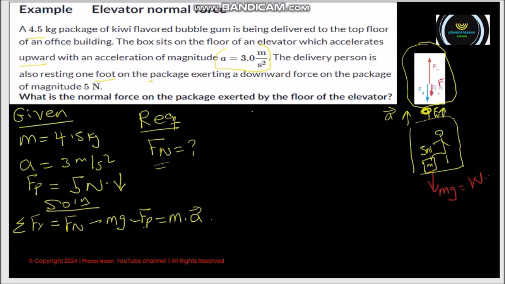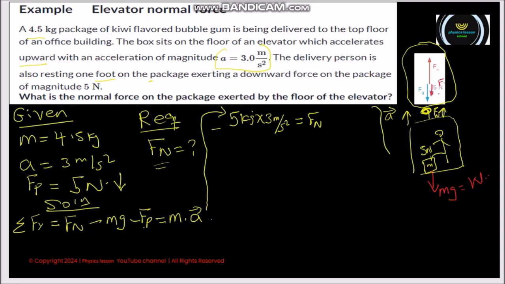Now it's simple. This implies the mass is 5 kilogram times the acceleration, 3 meter per second square, is equal to the normal force.